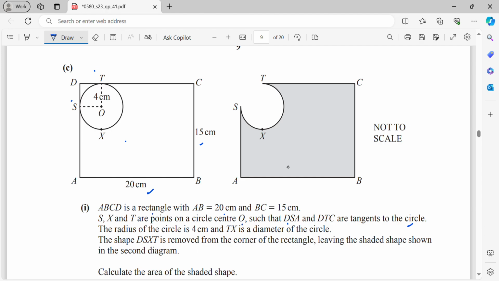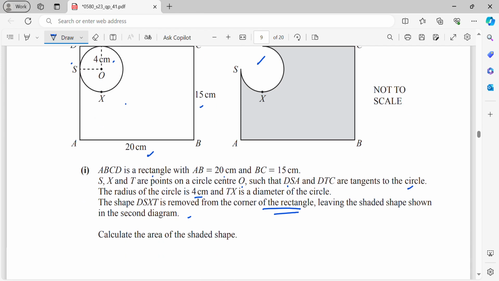The radius of the circle is 4 centimeters, given here, and TX is the diameter of the circle. The shape DXST, this whole part, is removed from the corner of the rectangle, leaving the shaded shape as in the second diagram. Now calculate the area of the shaded shape.